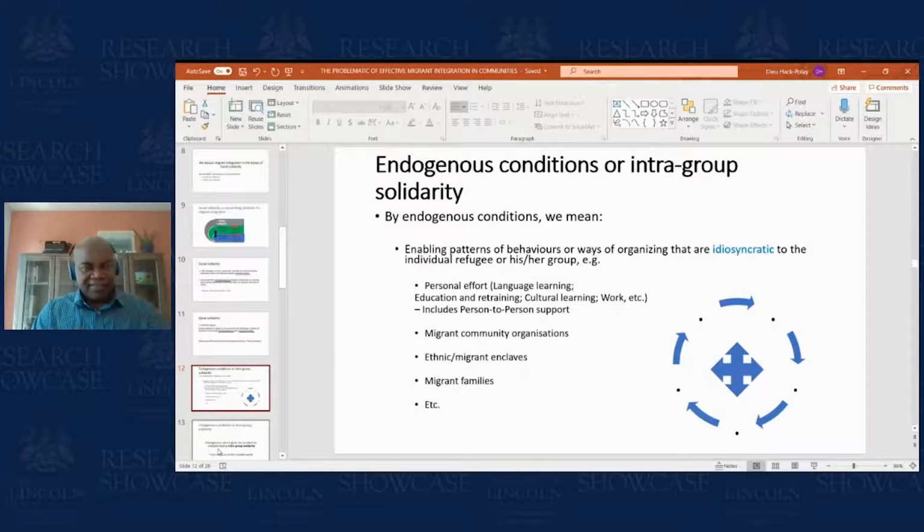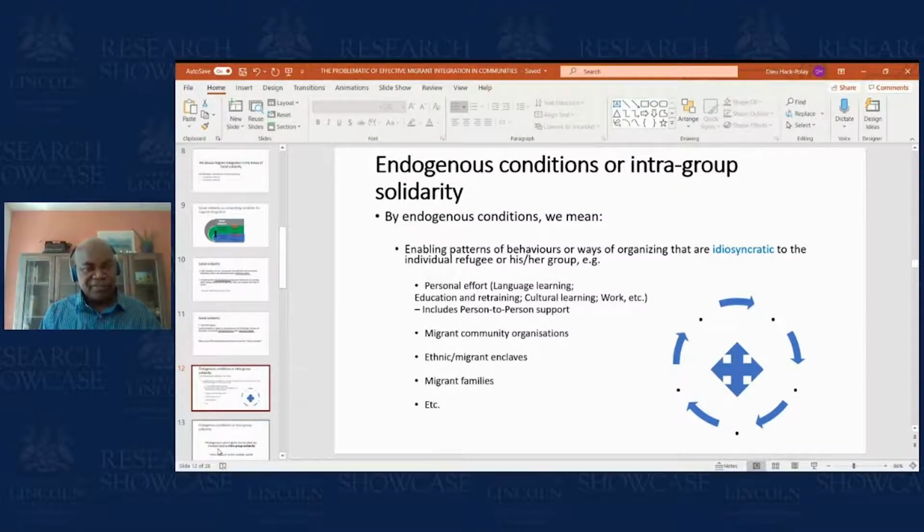So within that notion of social solidarity, we drew on two notions. We talk about intra-group solidarity and intergroup solidarity. So within the intra-group solidarity, this is where we see endogenous conditions emerging.